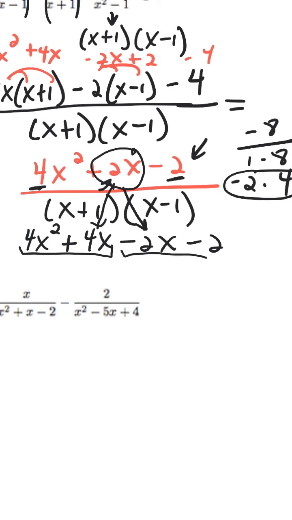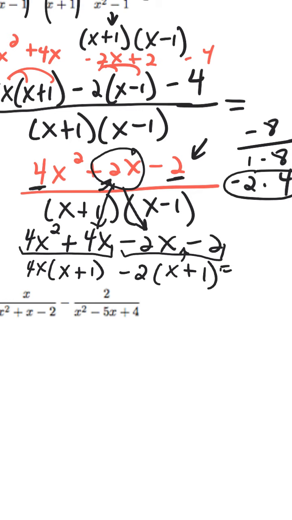I'm going to break these two off. I'm going to pull out a 4x over here, x plus 1. And then I know I want an x plus 1 here also, so I have to figure out how I can put something in front of this to make it equal to what's above here. If I put a negative 2 in front of this and I distribute, then that would be great.